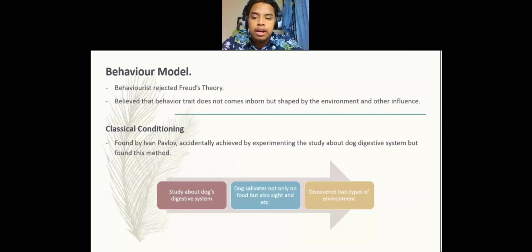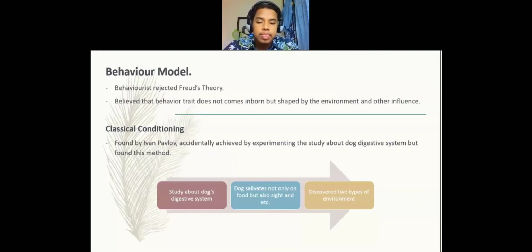The behavioral model is the behaviorist theory. They believe that behavior traits do not come inborn but are shaped by the environment and other influences. For example, let's take classical conditioning found by Ivan Pavlov, a Russian scientist, who was experimenting on the digestive system.